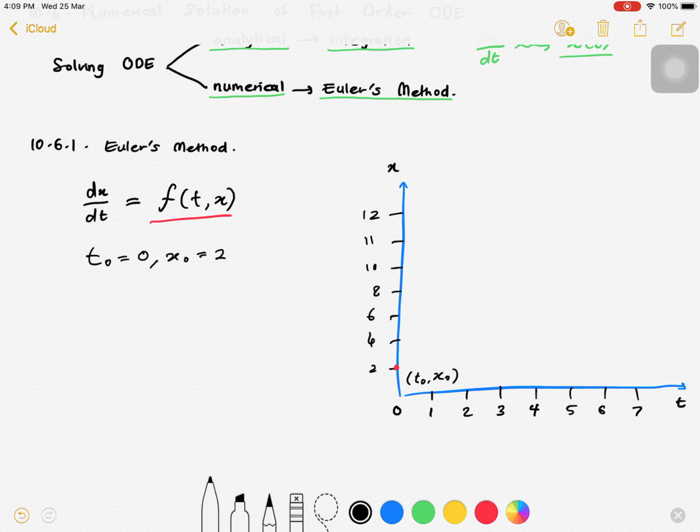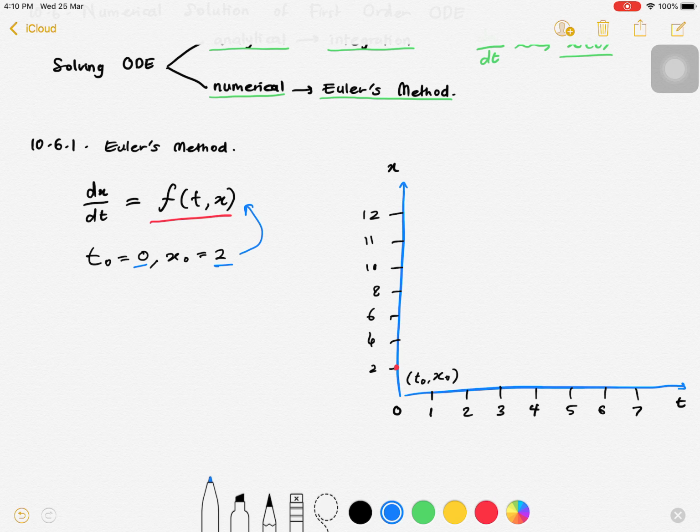Okay, so from this point, after we know that this is one point on the x curve, the curve of the x function, we can find the gradient because we know the gradient equation right here. So therefore, we can calculate it by putting these two values into this function, and we will get the value.